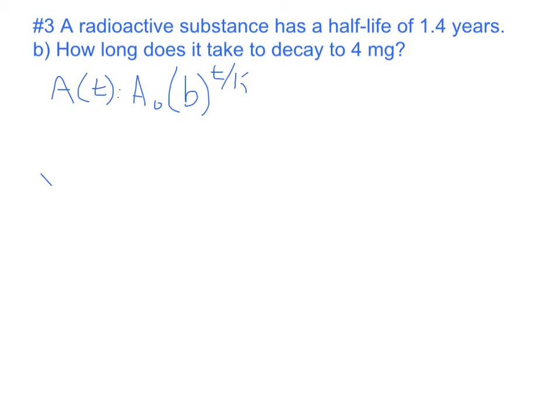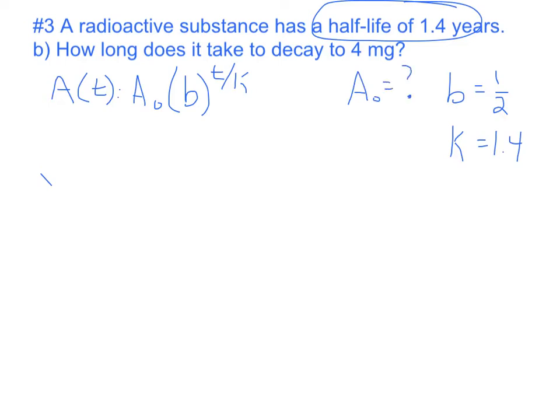Now what do we know here? We know it has a half-life of 1.4. That means the initial amount's being cut in half. How long does it take to happen? 1.4 years. What's the initial amount? Well, we want it to decay to 4 milligrams.